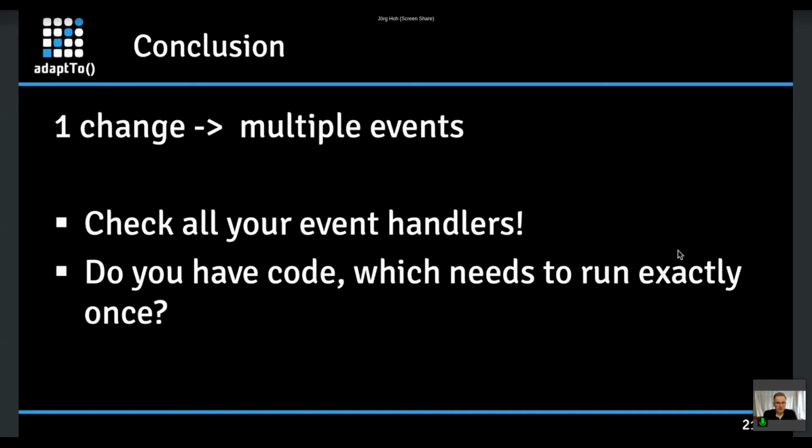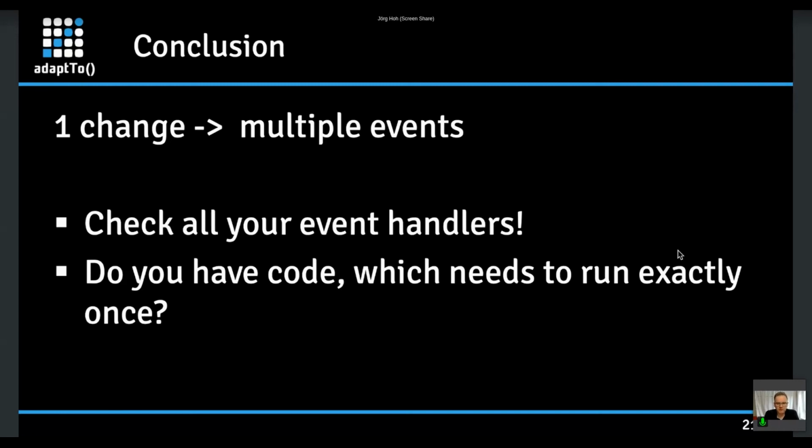That means you should really check all your event handlers and find out if it's okay to run the handling of this event on all cluster nodes in the same way, because whatever they do, it needs to happen on all cluster nodes, or if this needs to run exactly once for the whole cluster, because in that case you need to change your code.